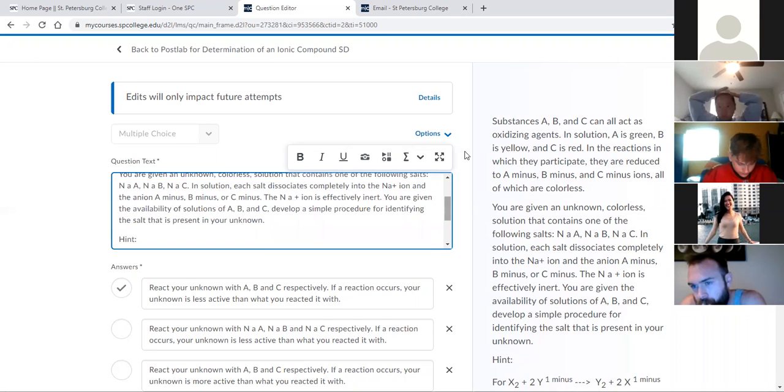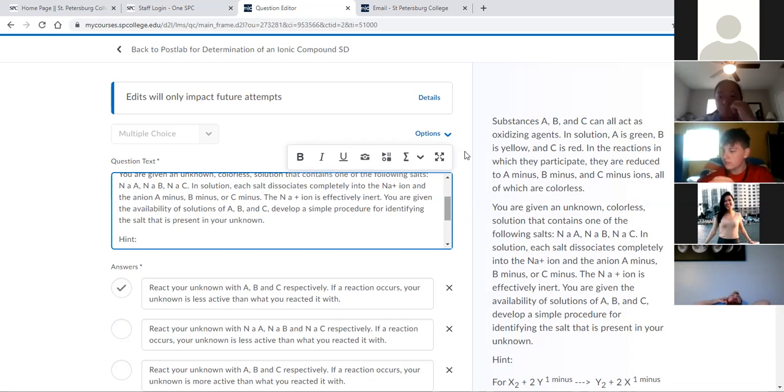Basically, Faye, explain your reasoning, and I'll explain why they have the answer they did. I think the oxidation tripped me up because I was thinking react the unknown with NaA, NaB, and NaC, and if a reaction occurs, your unknown is more active.